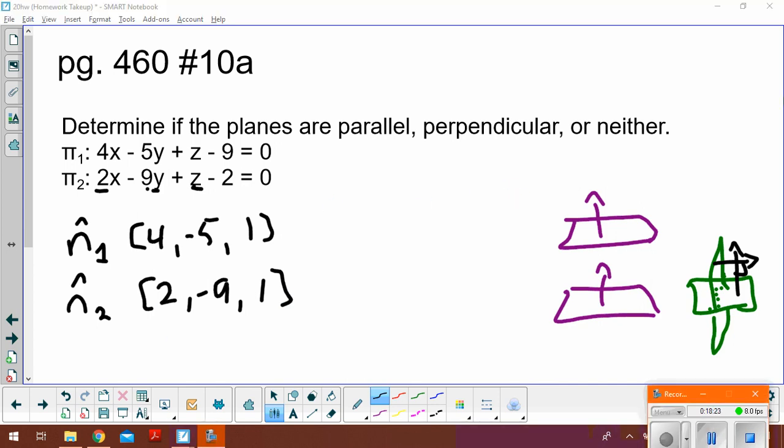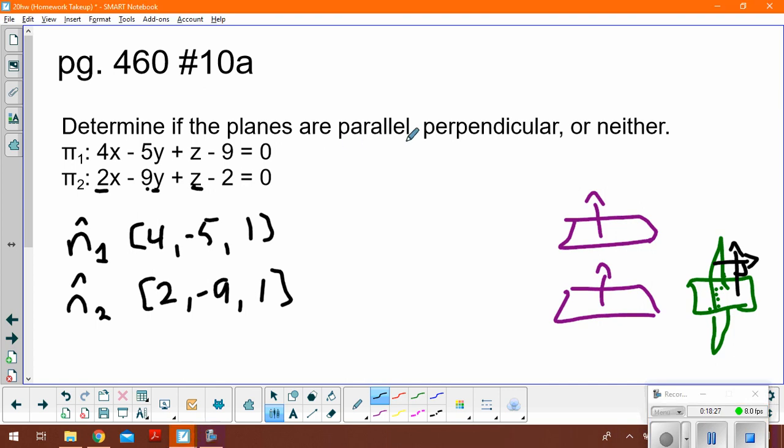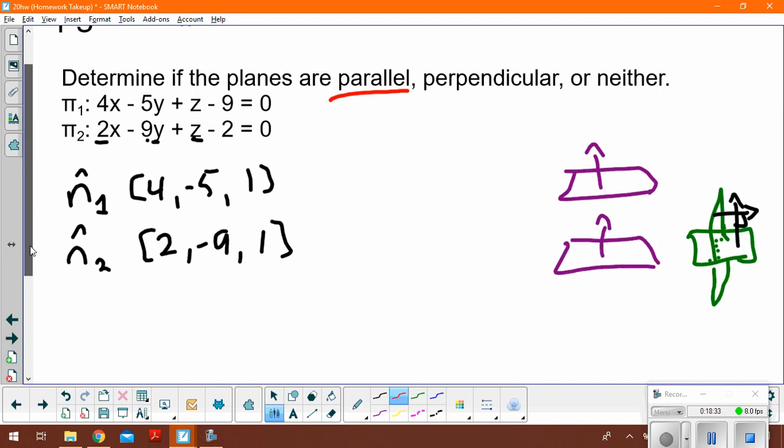So now let's think about the testing. If they were parallel to each other, that would mean they would have to be scalar multiples of each other. So looking at my vectors, if I double 2, I get 4. If I double -9, I do not get -5. So these are not scalar multiples.